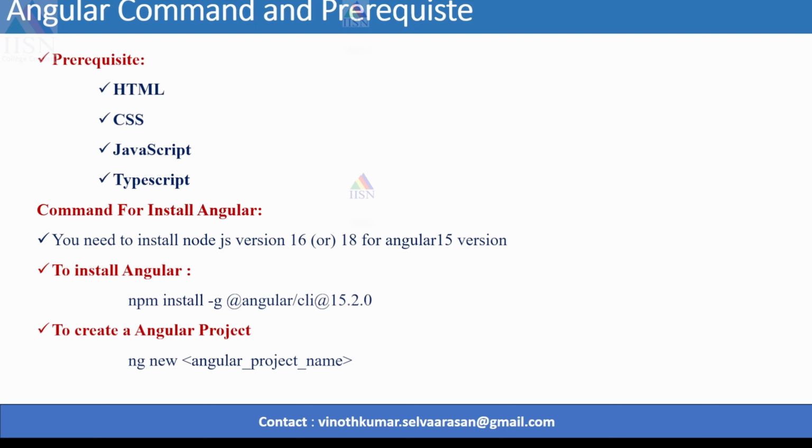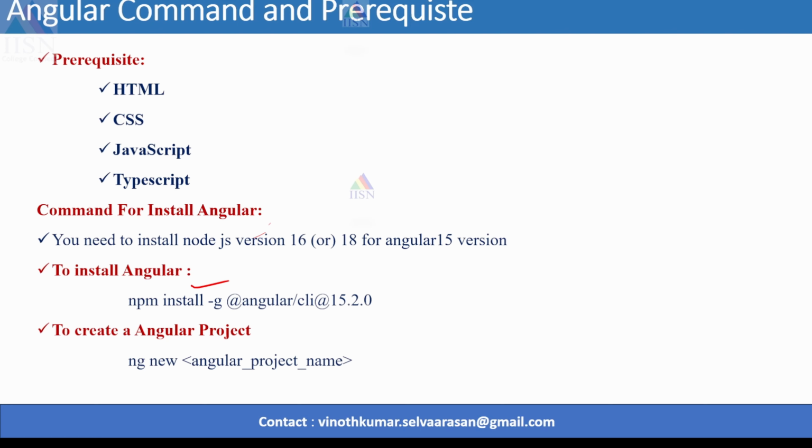Now we are going to install Angular in our system. For that, we need to use commands. The command for installing Angular is npm install -g @angular/cli@ followed by the version you are going to use.